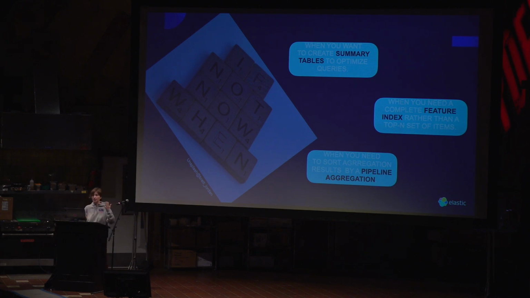There are typically three situations. We can use them when we want to create summary tables to optimize queries, or when we need a complete feature index rather than a top-n set of items, or when we need to sort aggregation results by a pipeline aggregation. Don't worry, I'll get into more use cases later in a demo.